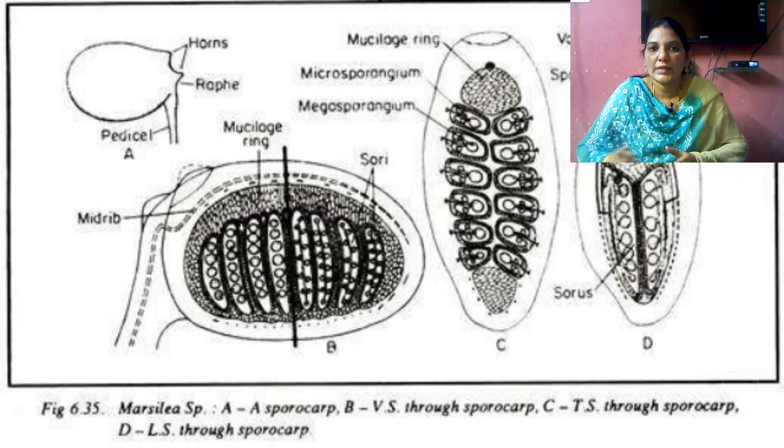That cell wall is called indusium. So the microsporangium stalk and megasporangium stalk are attached to the indusium. Here the megasporangium produces megaspores, and the microsporangium produces microspores.